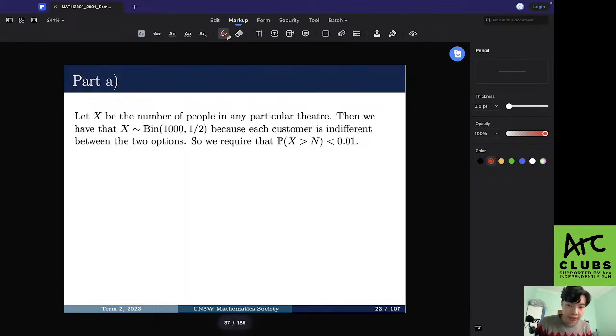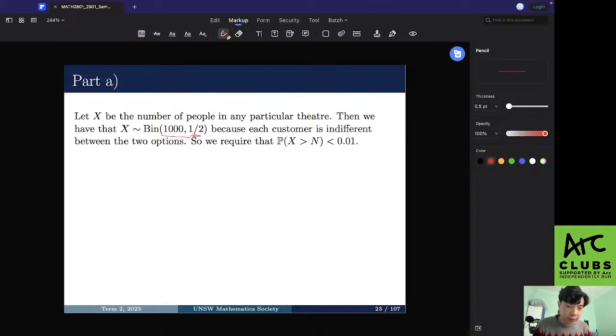And the way we can do this is we can model x to be a binomial distribution. In this case, the parameters are n is equal to 1,000 and p is equal to half. The reason is because every customer is one of these slots in our capacity, right? And we have 1,000 customers in total.